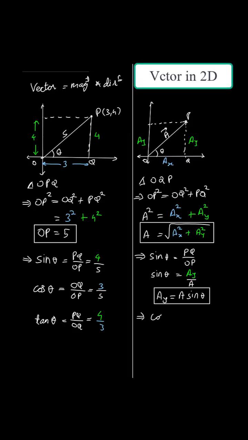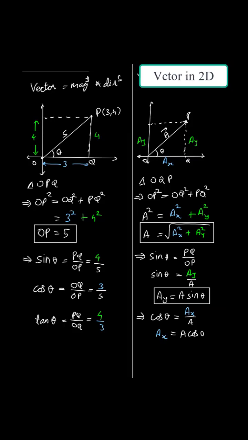Similarly, we'll go for cos theta, which is adjacent upon hypotenuse, or we can say Ax upon A. Do the same thing. A moving to the left side will give us Ax is equal to A cos theta, and that will give us the x component of the vector.